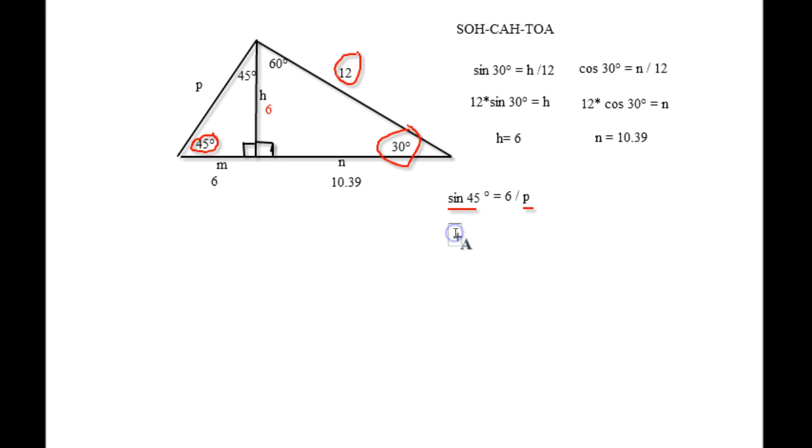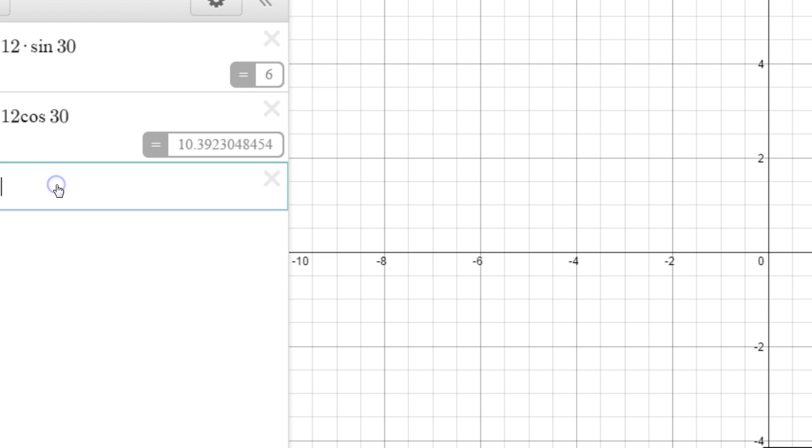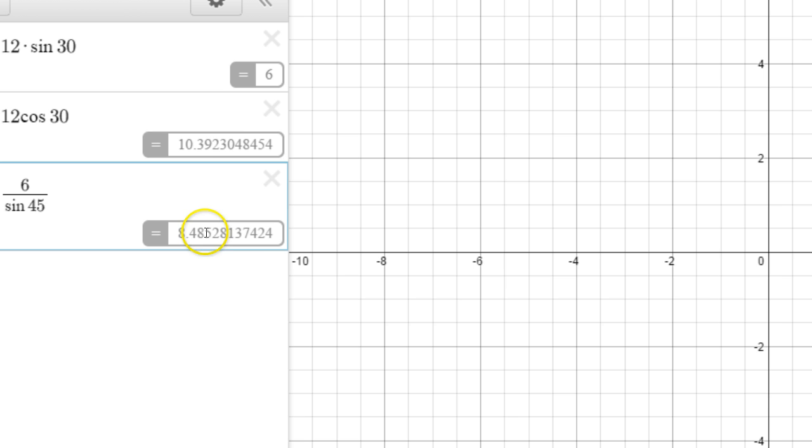And so what I get is p equals 6 divided by sine of 45. Then on my calculator, it'd be 6 divided by sine of 45, and I'd get 8.48.